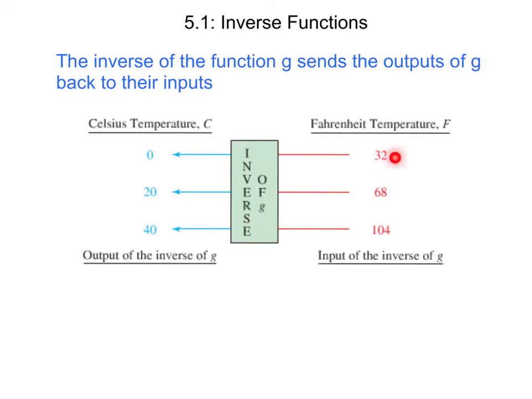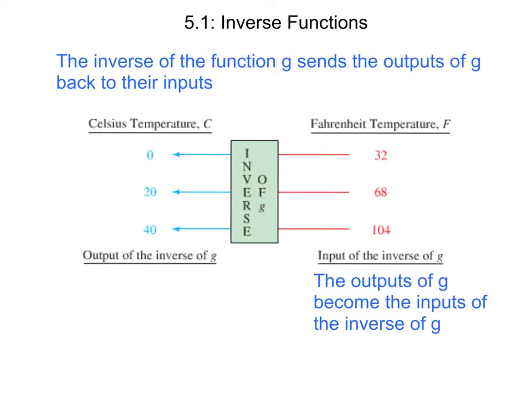And it's going to take these numbers on the right and send them back to the numbers on the left. Now, that means the input of the inverse function of g were the outputs of the original function g. So what we should notice is the outputs of g become the inputs of the inverse of g.